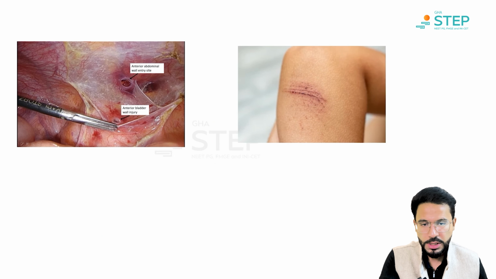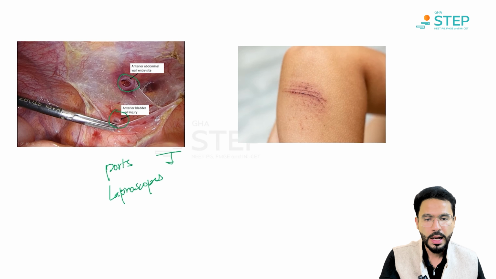So let's look at this picture. This picture shows you that there is a laparoscopic surgery that is happening, but there are these wounds that have been created by the ports or the laparoscopes that we use, and these are known as iatrogenic wounds or injuries. And what is this picture here?